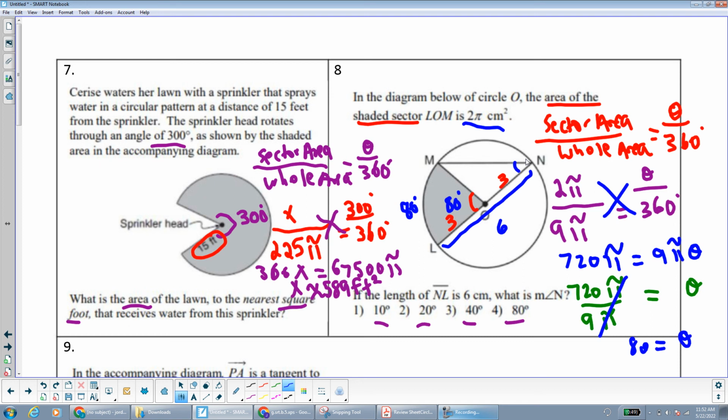And inscribed angles are half the measure of their intercepted arcs. Angle N does intercept arc ML. Notice how it's opening up to it. Both of its rays are opening up to arc ML, so it does intercept arc ML. So angle N is half of its arc, which would make it 40 degrees. So the answer choice here is 3. That is correct.